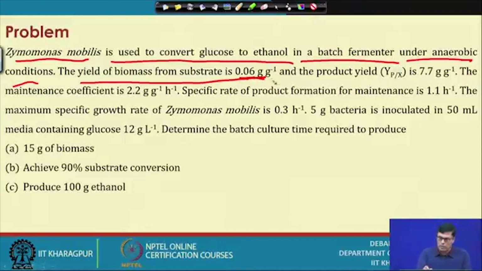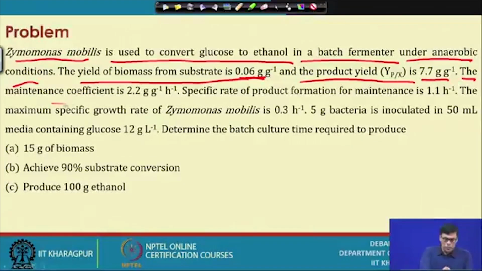The product yield, Yp by x, equals 7.7 gram per gram. That means 7.7 gram of ethanol is produced per gram of bacterial cells.